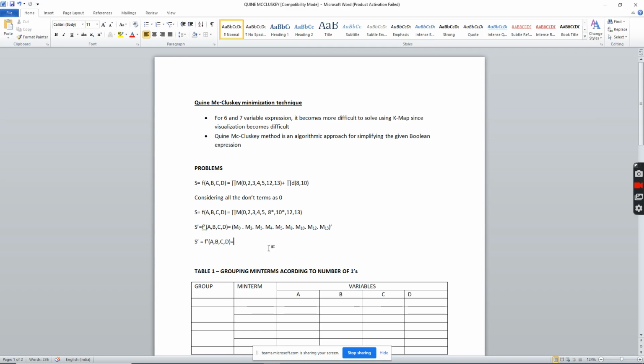So for simplification, I'll be writing it as m naught. I will copy the equation. Now the equation will not have any bar. Every capital M, I will replace by small m.